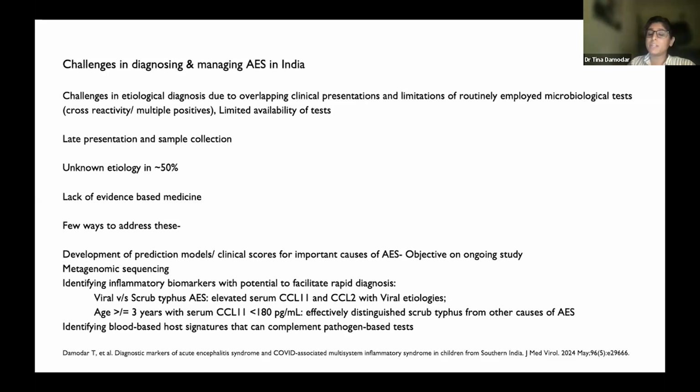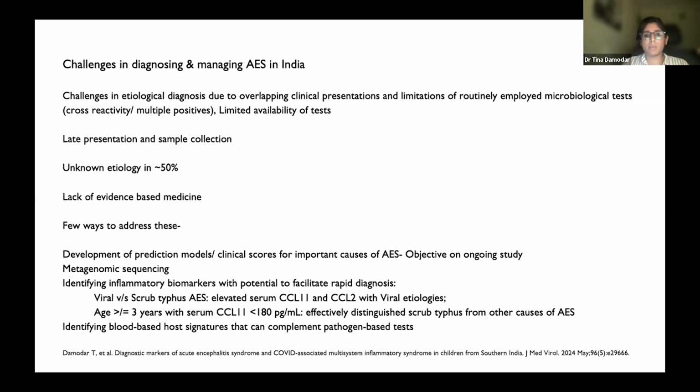Similarly, there are limitations in routinely employed microbiological tests, which is serum IgM ELISA. As you've seen in my previous slide, cross-reactivity may cause dual positivity, or there can be real multiple positives. We've had cases with confirmed chikungunya as well as scrub typhus, and confirmed chikungunya as well as dengue, but we only got to know that because we performed a PCR.